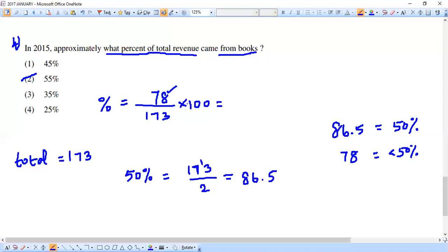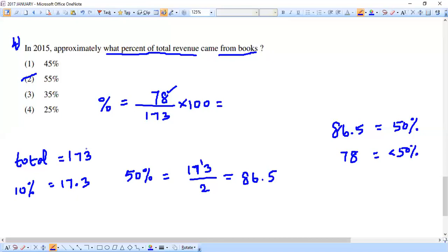But anyways, just to confirm our answer, let's try to calculate 40%. But how can we do that? For 173, let's try to calculate 40%, for which let's do a simple thing. Let's just start from 10%, because calculating 10% for any number is going to be very easy, right? 10% of 173 would be very easy for us to say that it's going to be 17.3.